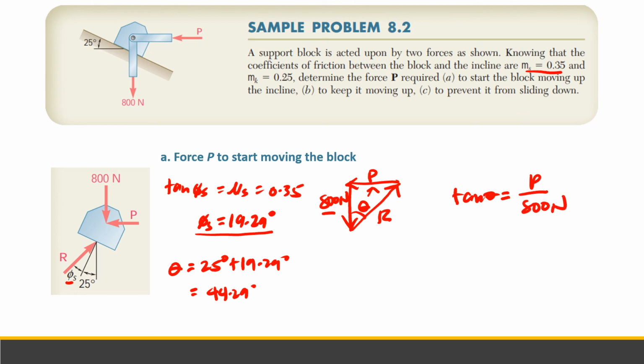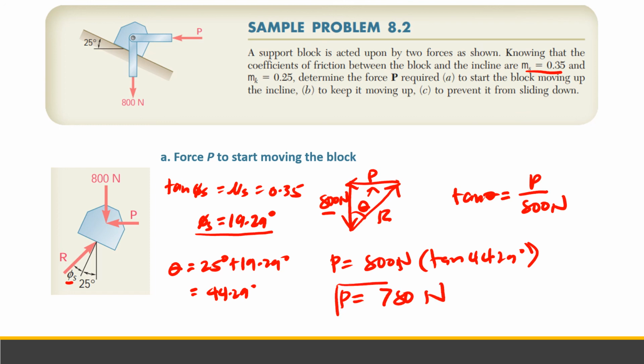So P is equal to 800 Newton multiplied by tangent 44.29 degrees. So P is equal to 780 Newton. This is the force required to start the block moving.